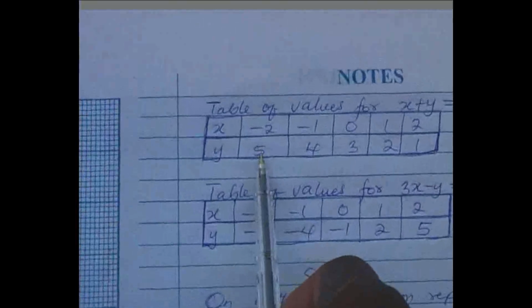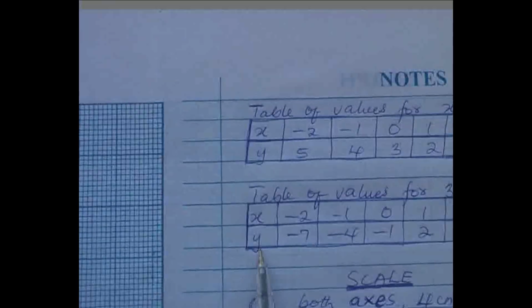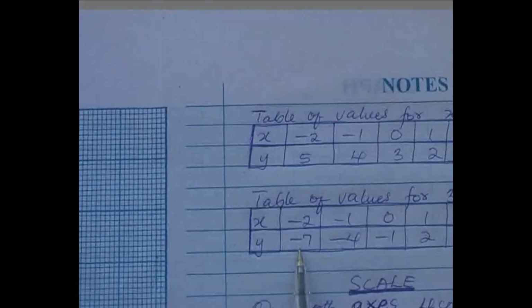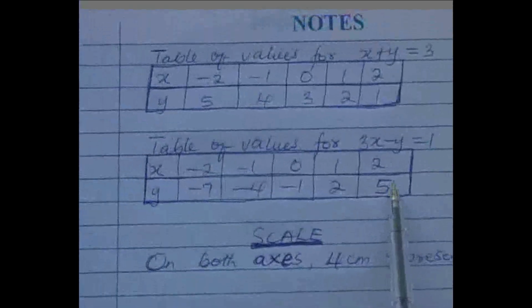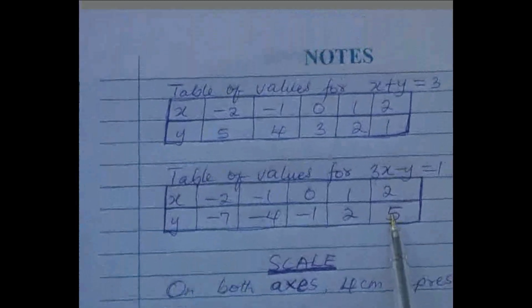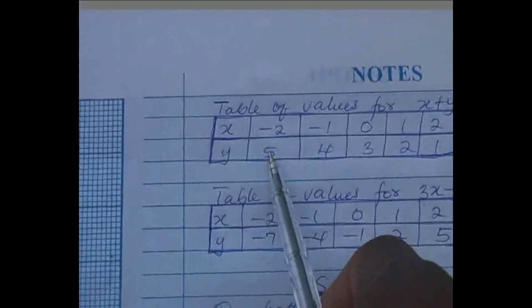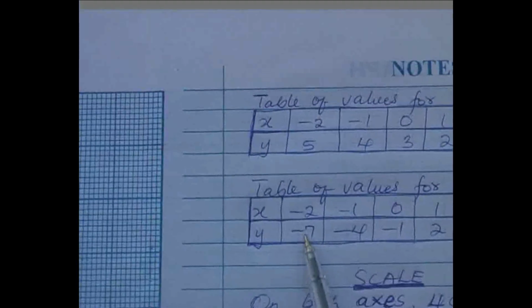Now the drawing of the y-axis, which we are going to draw across, will also depend on the values of y. Look at the table of values. We have 5, so they are all positives, while in the second one we have negative and also positives. But look at the positive. The highest positive we have here is 5, and the highest positive we have here is also 5, but the highest negative we have here is 7.